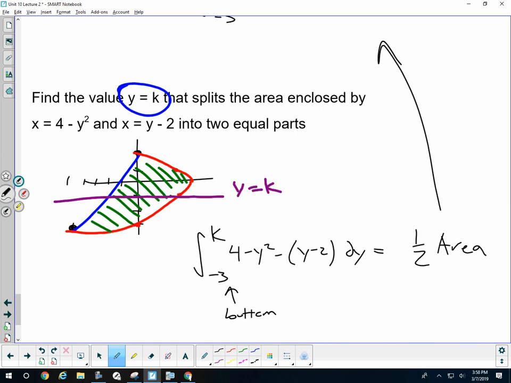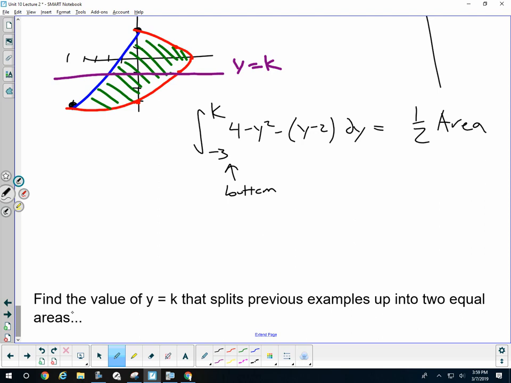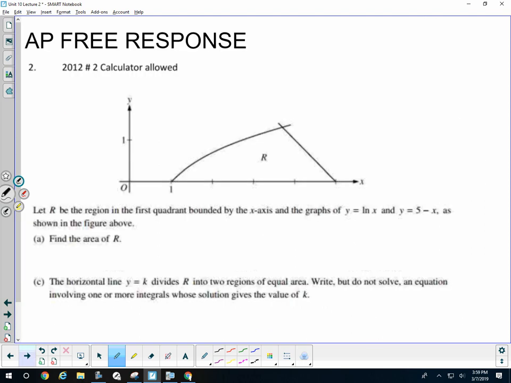I'm not going to show you this, but that's the setup. The line is now horizontal, so I have to use horizontal rectangles when I'm summing them up. Let's go to this one.